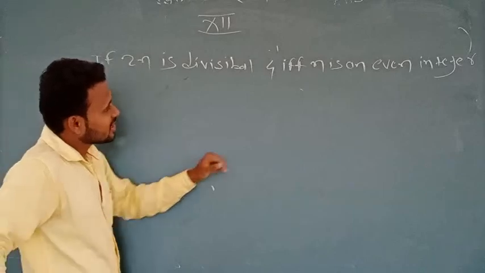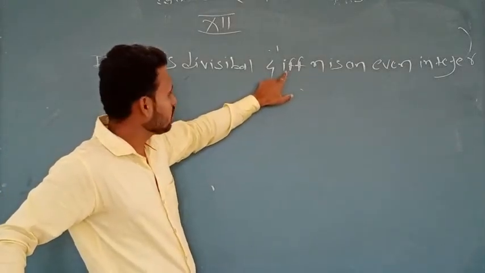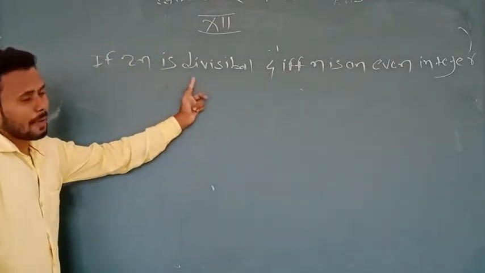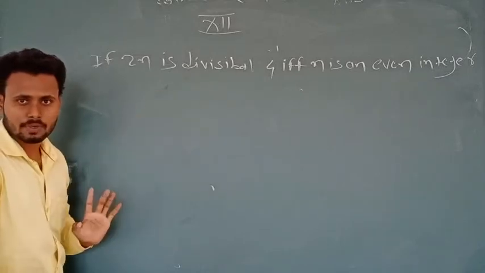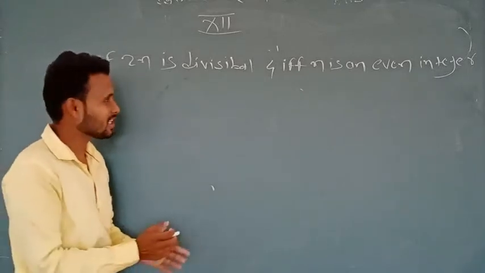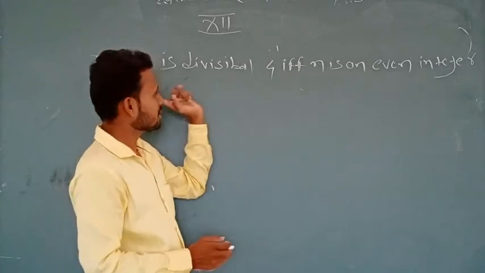Here we observe that there is the logical operator if and only if. Therefore, it is a biconditional statement of two simple statements. There are two simple statements connected by the logical operator if and only if, so it is a compound statement.